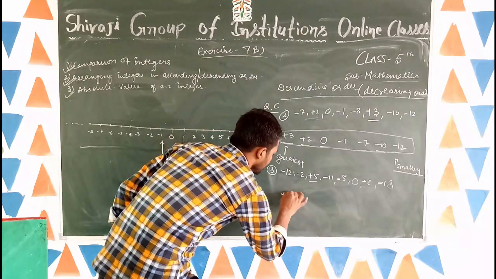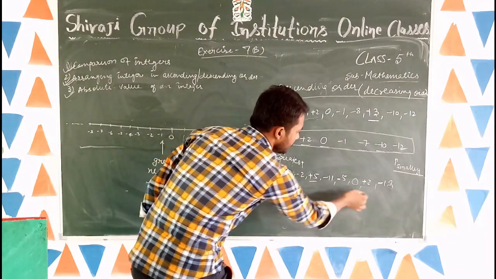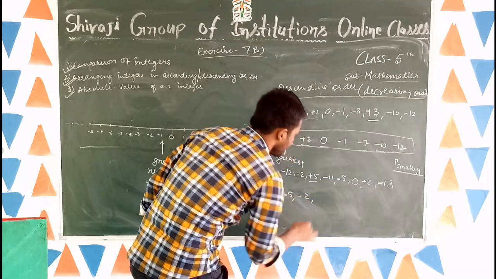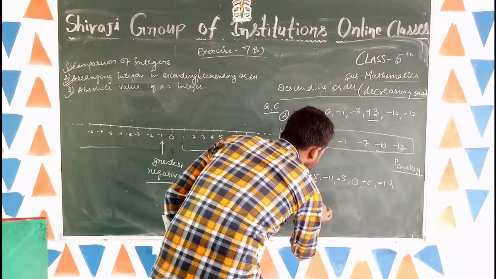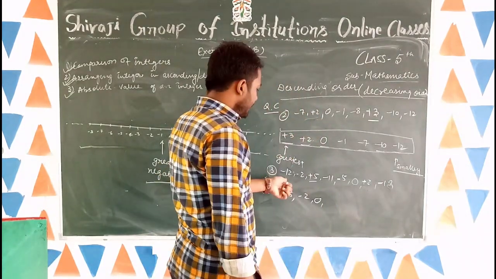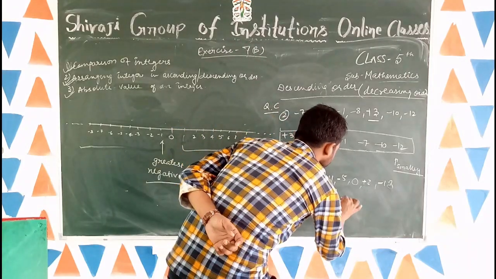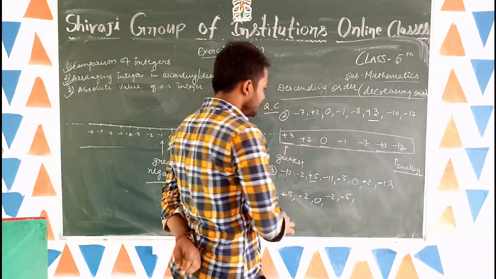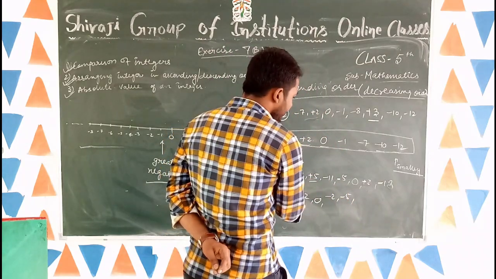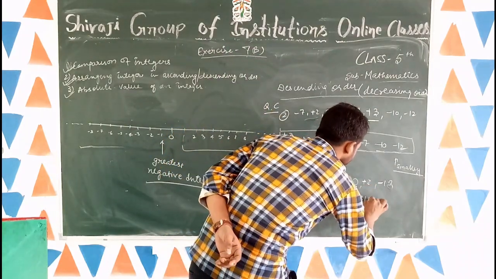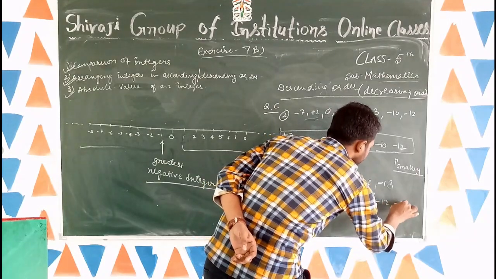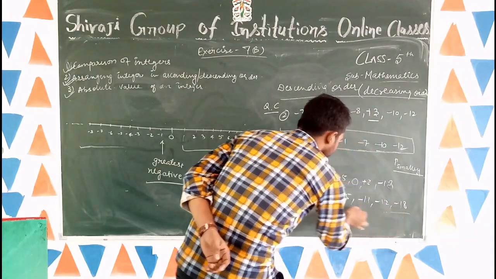Okay, so plus 5, then plus 2, then 0, and then minus 2, then minus 5, minus 11, minus 12 and minus 18.